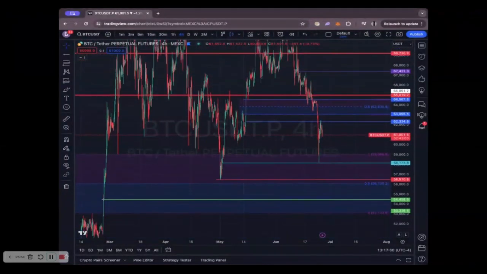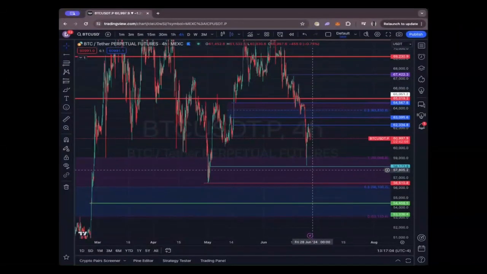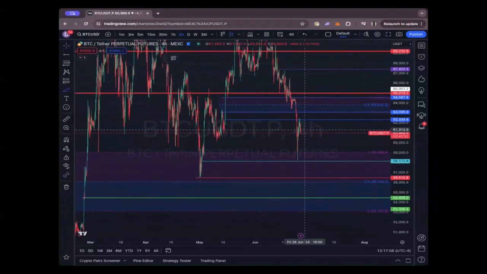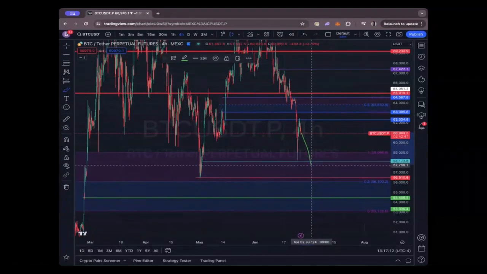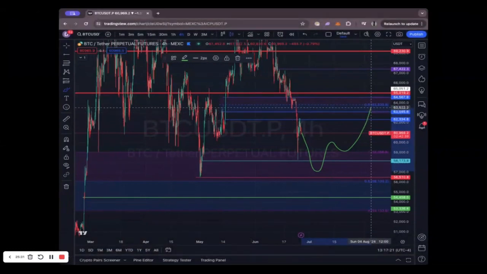It's the same thing as USDT. We didn't flip this level, but as soon as we break 58,173, what I would expect is the break of this, and then we wait for the reaction. Because if we can then break this and close back above 59, we could see 63, 64.